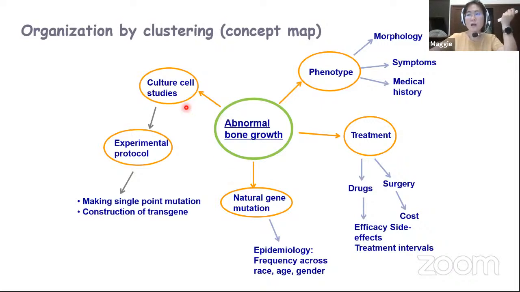So here he can talk about the cell culture studies, how he designed the protocols, and how he made the single point mutation and constructed the transgenes, about all the data that he can discuss. So using this concept map, you can know which will be the emphasis of your paper. You can handle how to write the manuscript later.